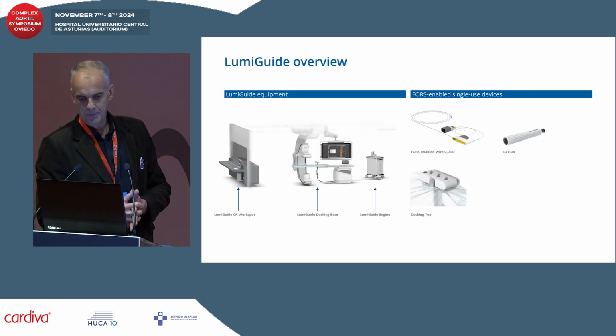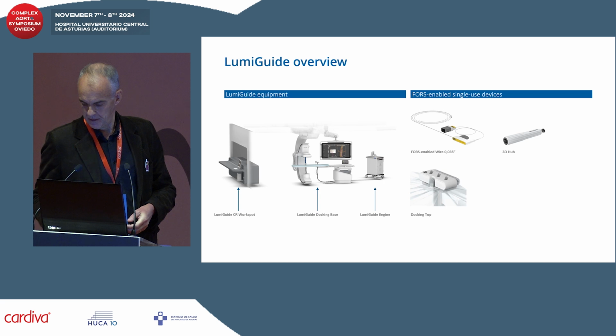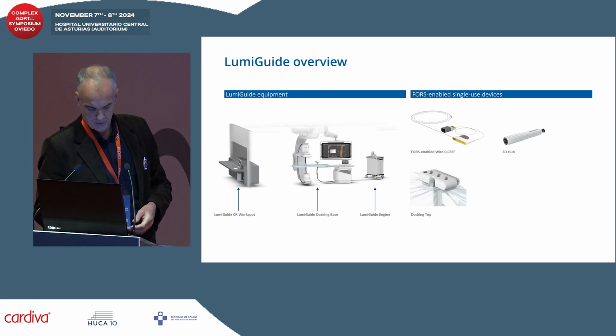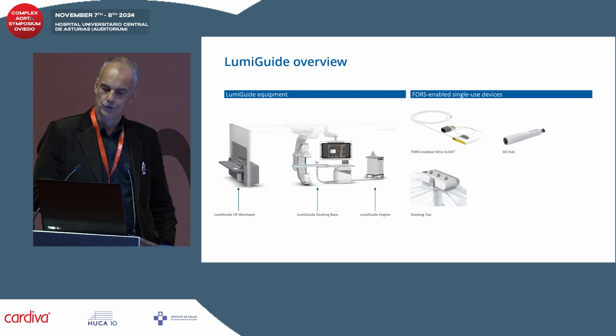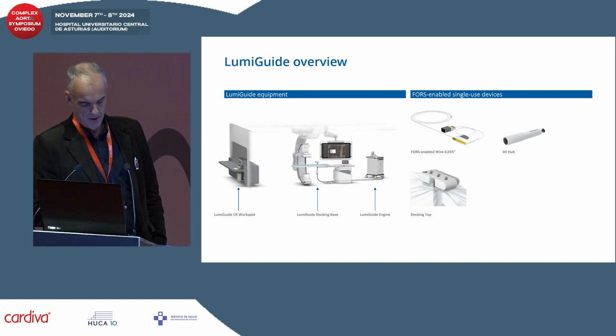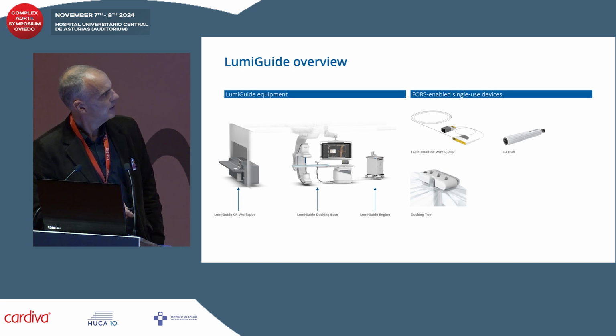So this is the equipment. It's an add-on to the Philips Angiolab, and its parts are the black box, the LumiGuide engine, which produces and transmits light through a dedicated guide wire.